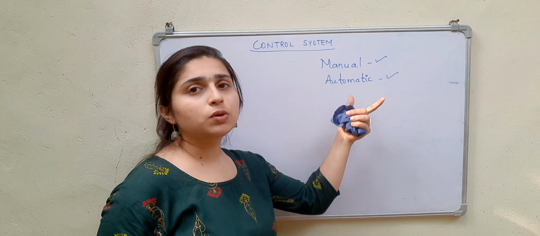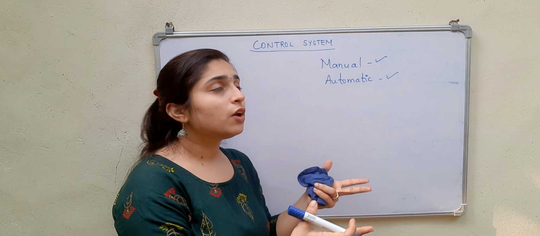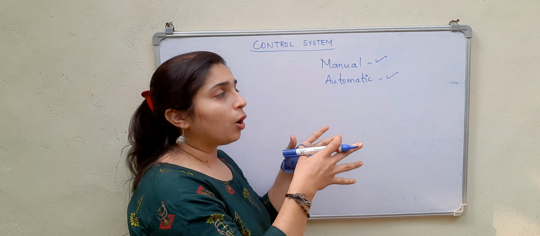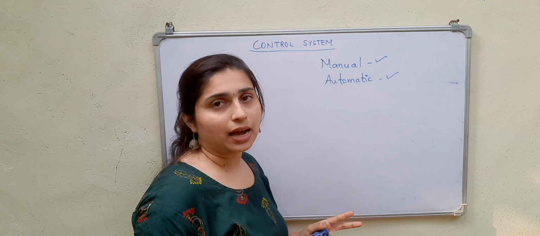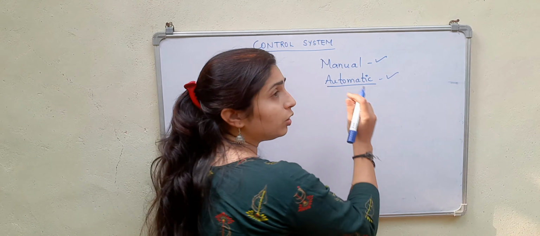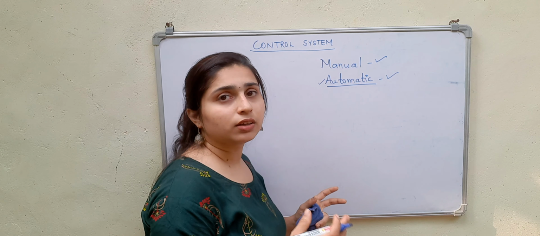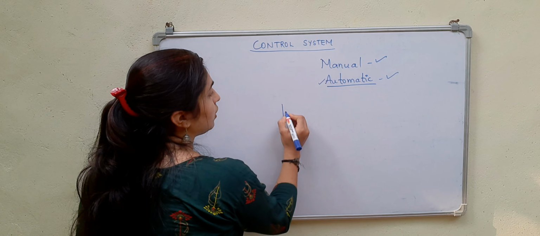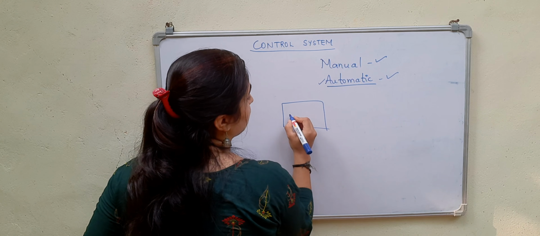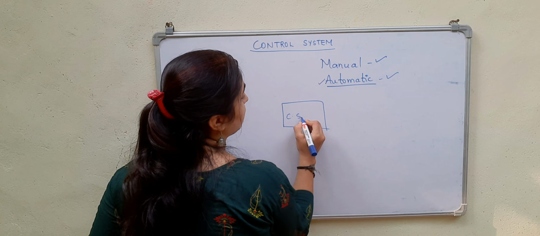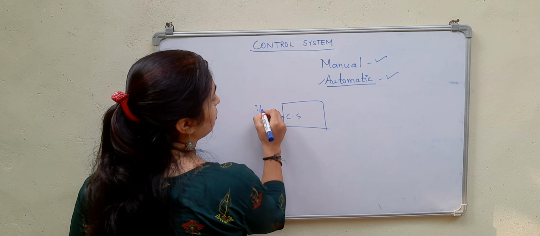Manual control systems are those where a human being is operating or controlling the actions. But if it does not involve any human being, then we call it an automatic control system. So if this is the control system, this is the input, and this is the output.